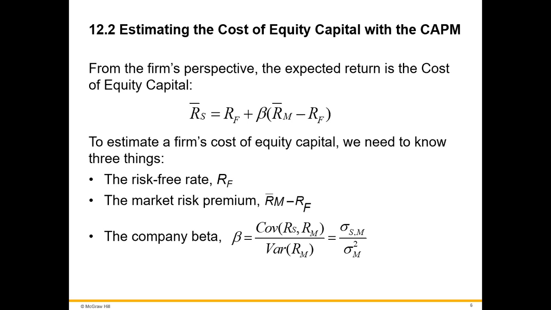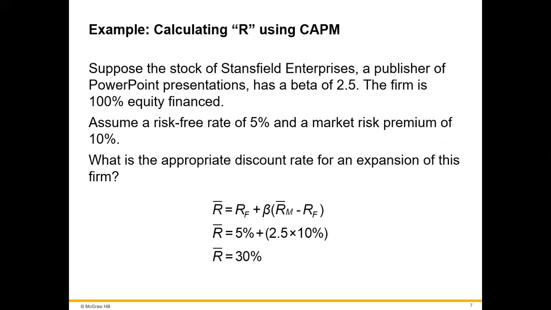Now, how do we estimate a firm's cost of capital? We need to know three things. Again, we need to know the risk-free rate, the market risk premium, and the company's beta, which was given to us. And that's what this is at the top of page 350. So again, suppose the stock of Stanford Enterprises has a beta of 2.5.